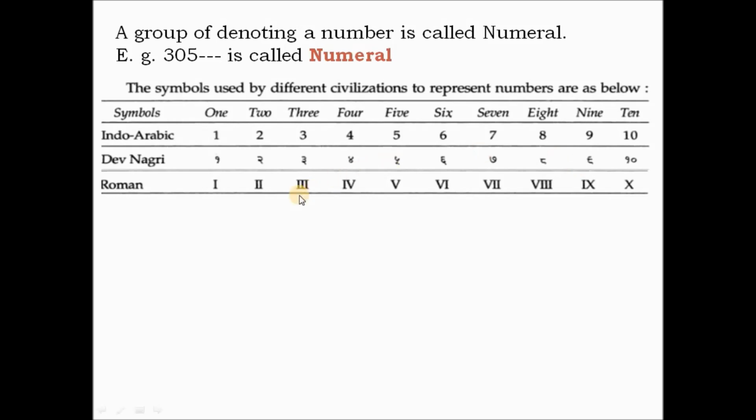And in Roman, we represent one as I, then II, III and so on, IV and V. These are the symbols in Roman script.